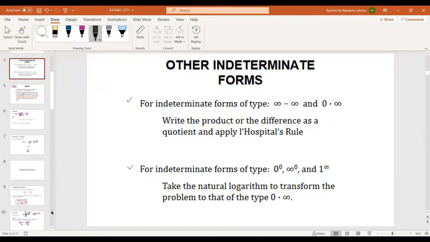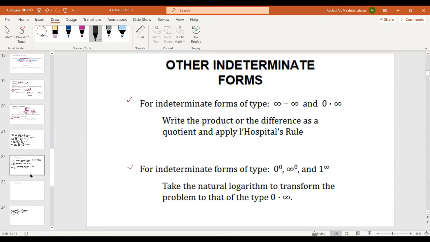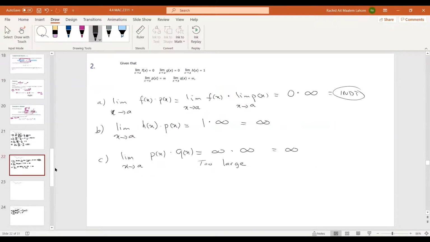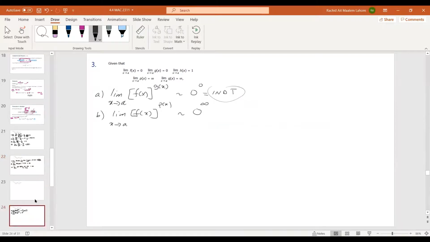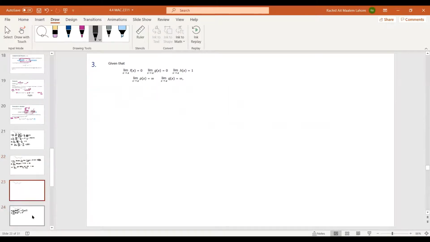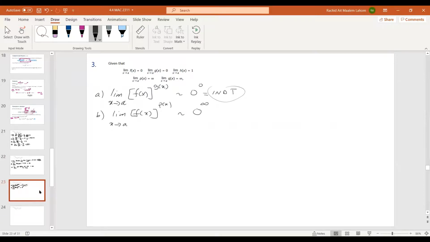And we just did a long example on it. Maybe we need to switch these this way. Let's take the function f of x to the power p of x, call it the y function.